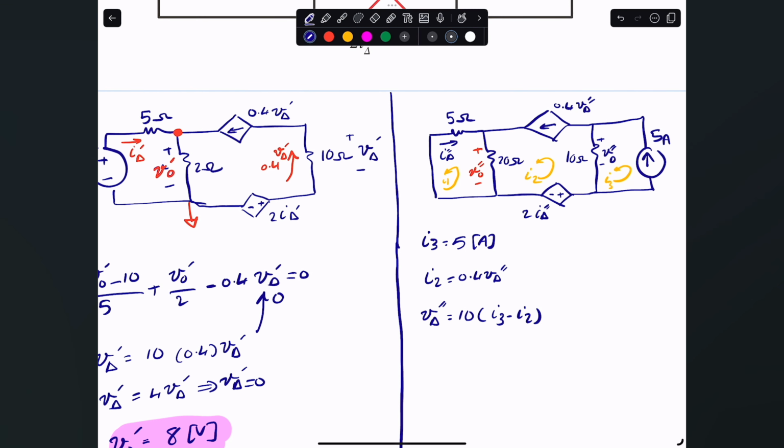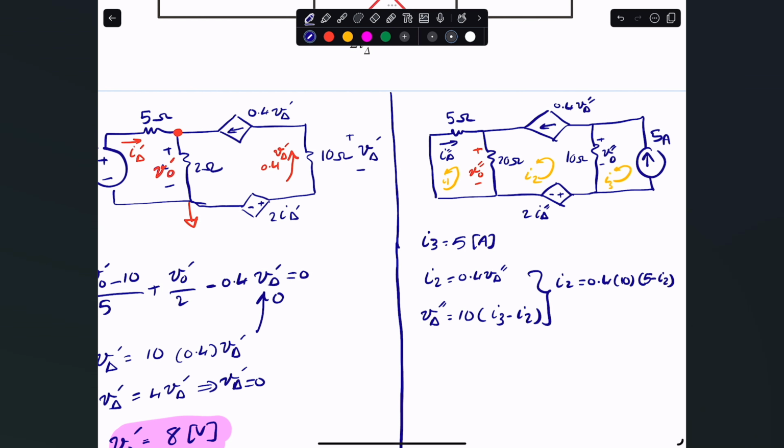All right, but we know that I3 is 5, and what I want to do is combine these two in here. So I'll take the V delta in here, and I'll of course put the 5 in here. So I2 is simply 0.4 times 10, times I3, which is 5, minus I2.